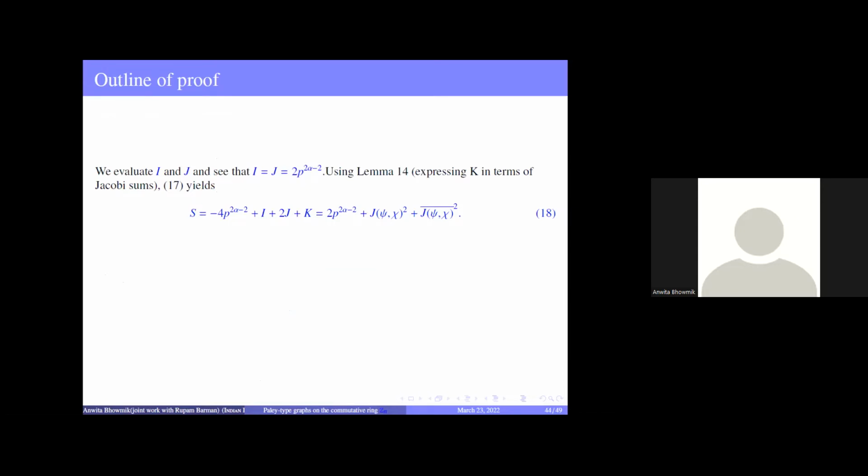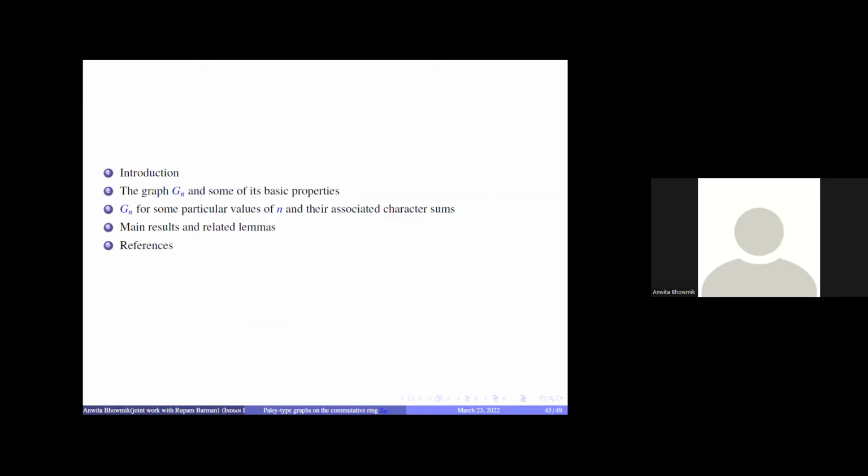So just replacing those values, we get S depending on p to the power alpha and the Jacobi sum. And now just tracing back, we find f of p to the power alpha in terms of capital S, and hence the number of complete subgraphs of order 4.